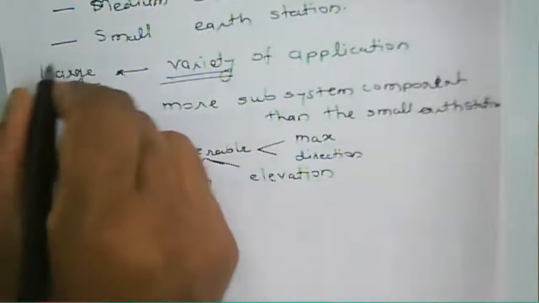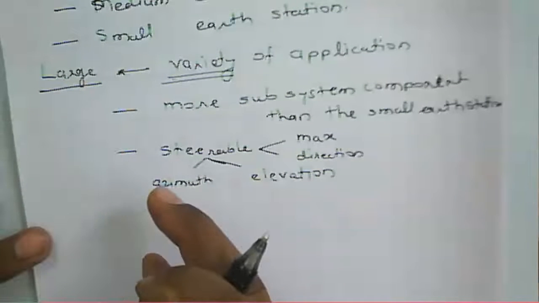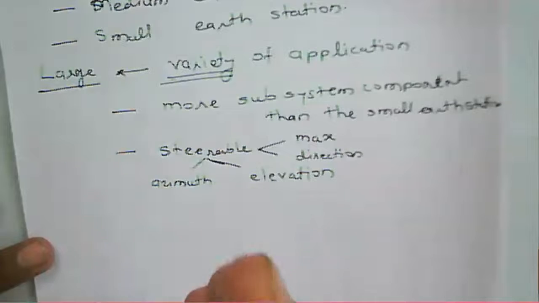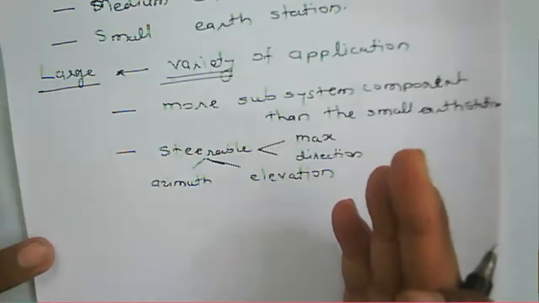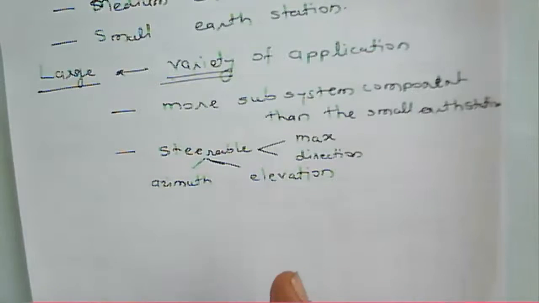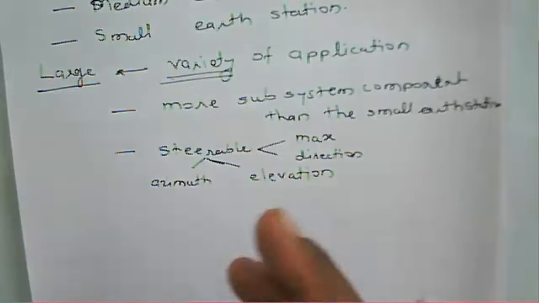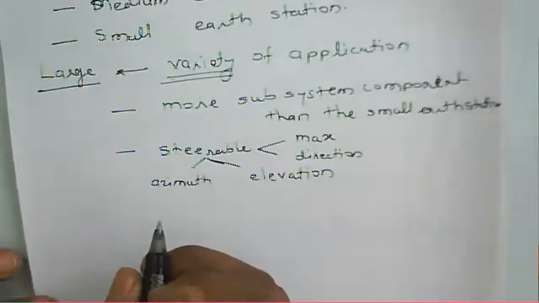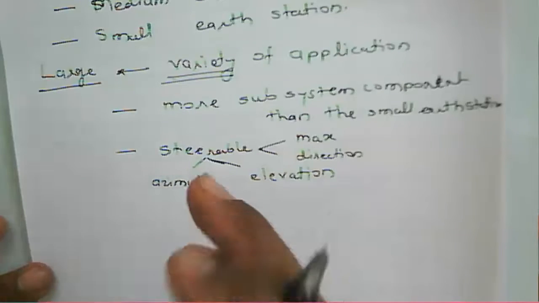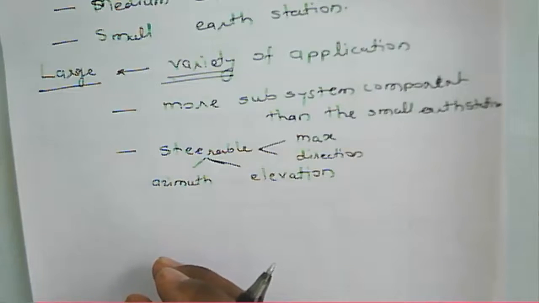So for a given large earth station antenna, we need to choose the placement, or location, of the earth station to minimize the interference from the ground system.